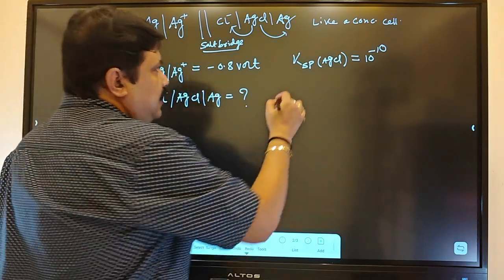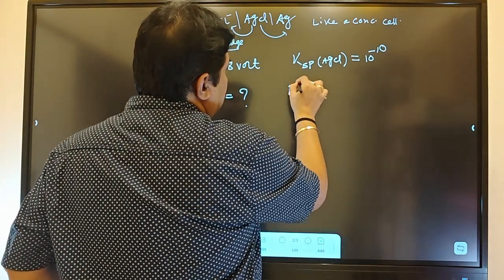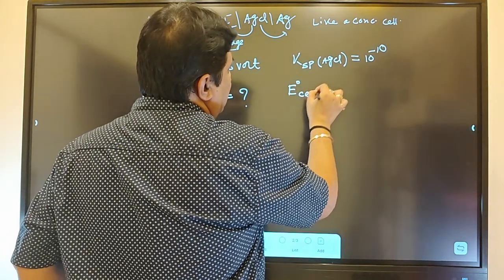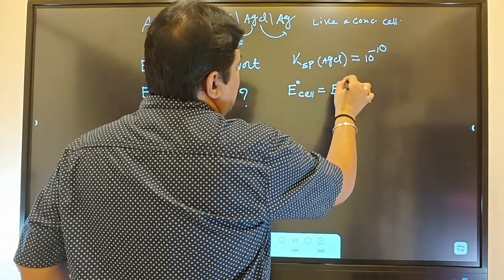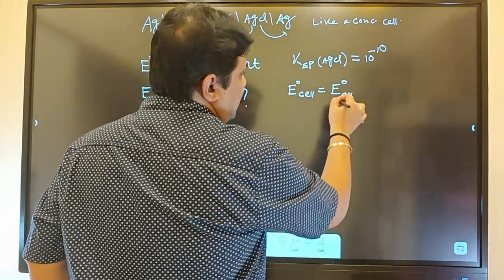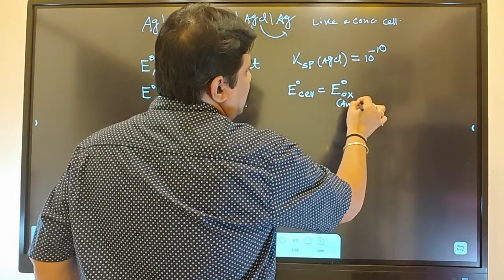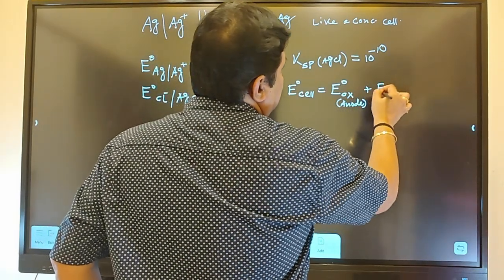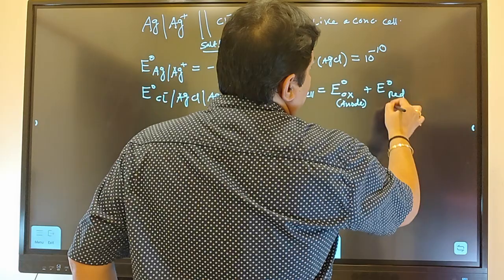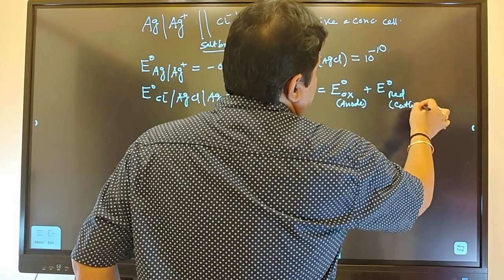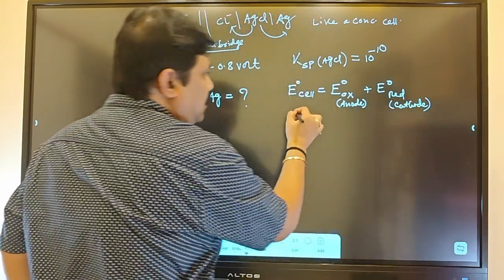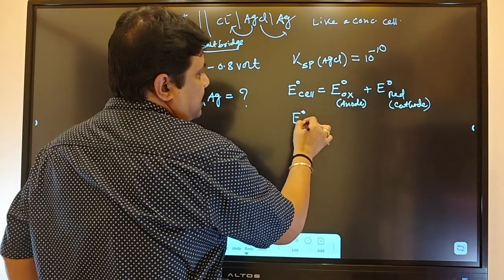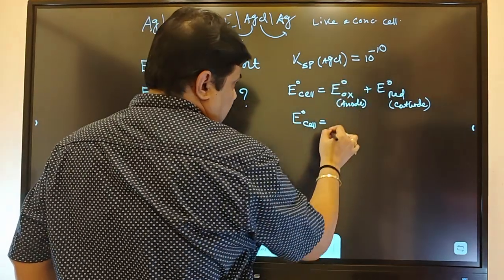We know if I write E naught cell, then E naught cell will be equal to E naught oxidation potential at the anode plus E naught reduction potential at the cathode. For this cell, what can I write, my dear student? E naught cell will be equal to E naught oxidation.